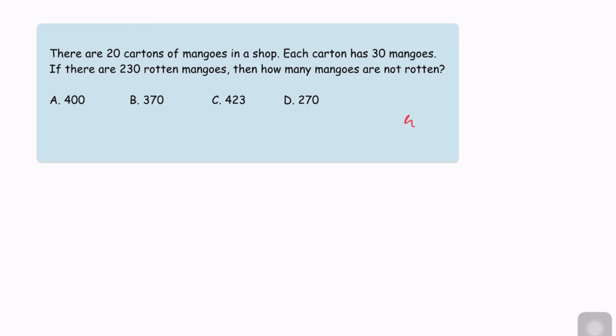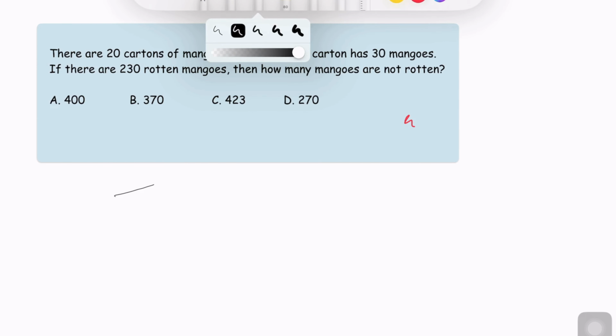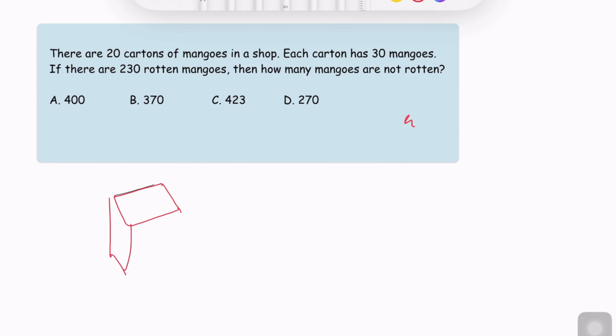So the question is asking, there are 20 cartons of mangoes in a shop. So let's assume that this is our carton. This is our one carton, and like this we have 20 cartons, and each carton has 30 mangoes.